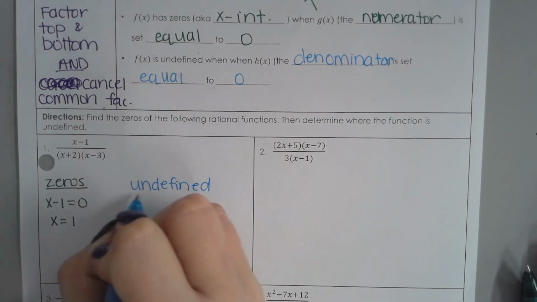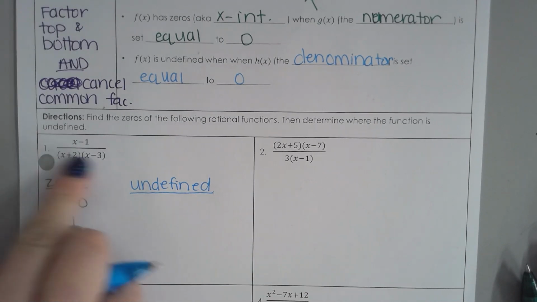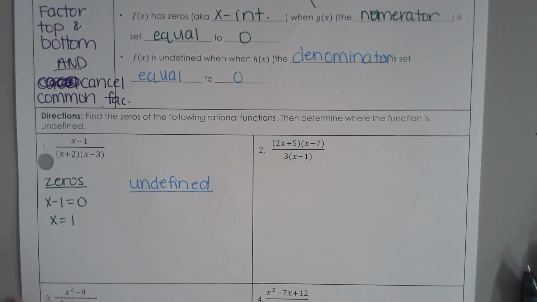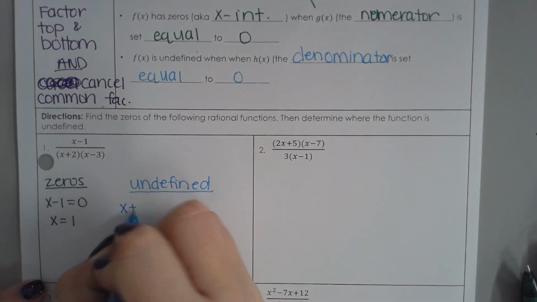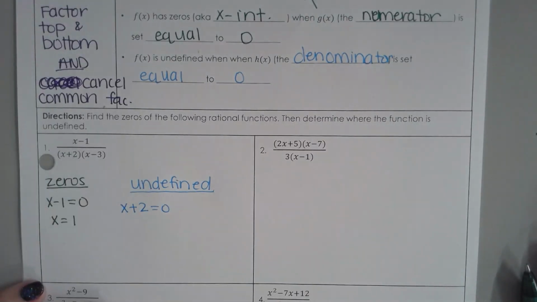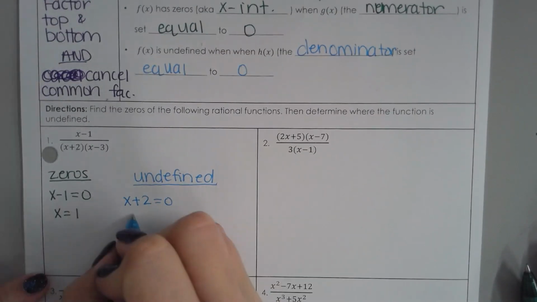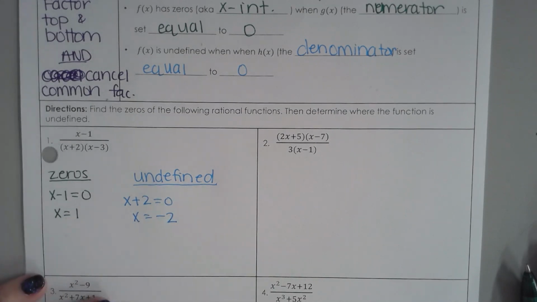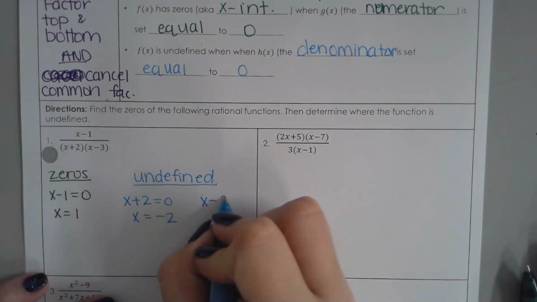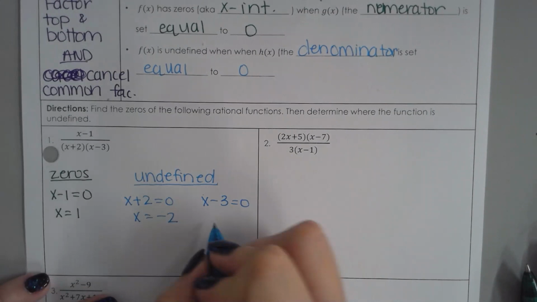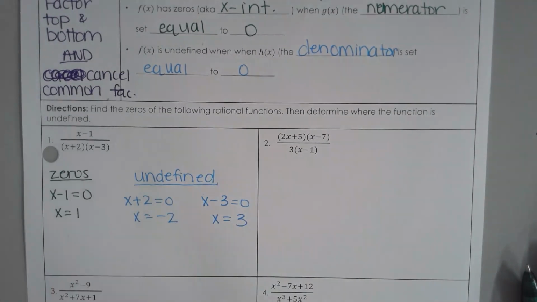Okay, it's undefined when the denominator is 0, so I set the bottom factors equal to 0. So x plus 2 equals 0, which gives me x equals -2. And x minus 3 equals 0, which gives me x equals 3.